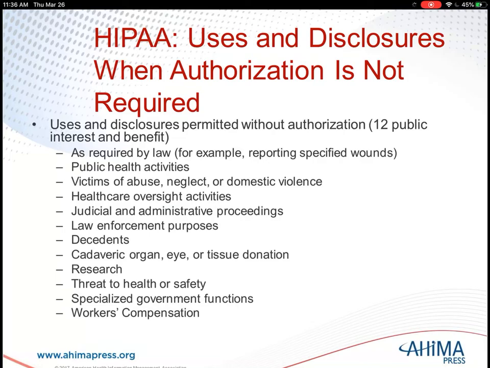Most of the time these involve release of information regarding your armed forces personnel for military and veterans activities, for purposes of national security and intelligence activities, for protective services of the president, and for public benefits and medical suitability determinations. Okay, and then also in that second paragraph, it talks about disclosure of an inmate's PHI to correctional institutions or to a law enforcement official who has custody of that patient.